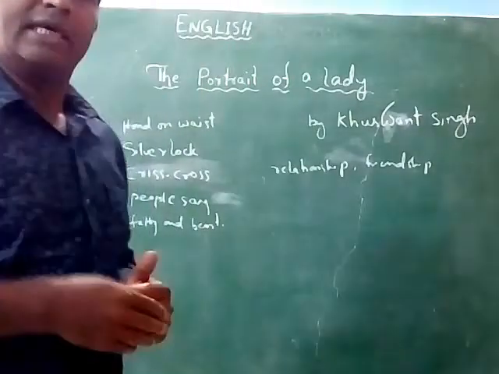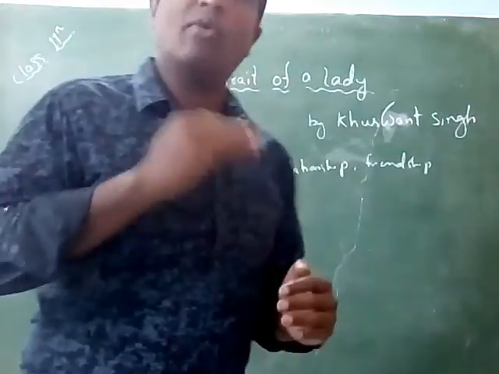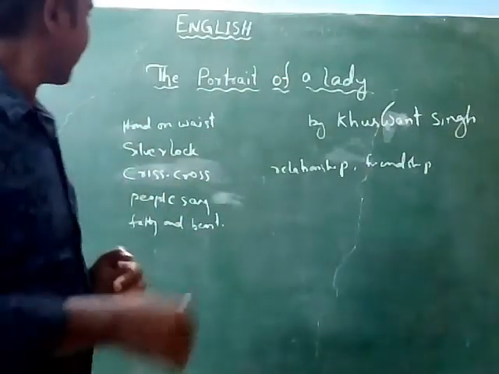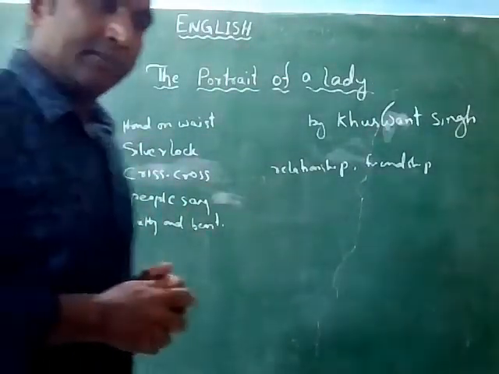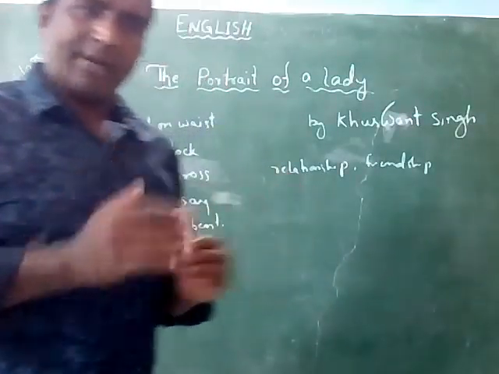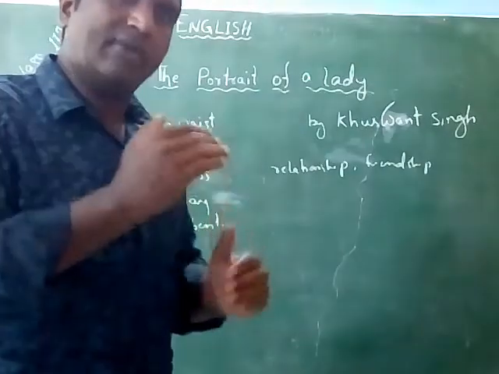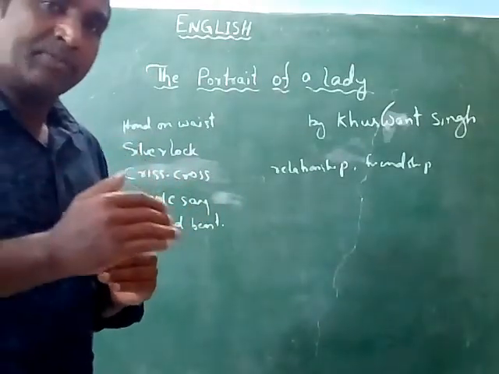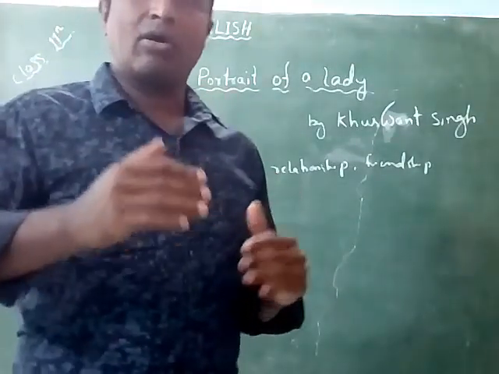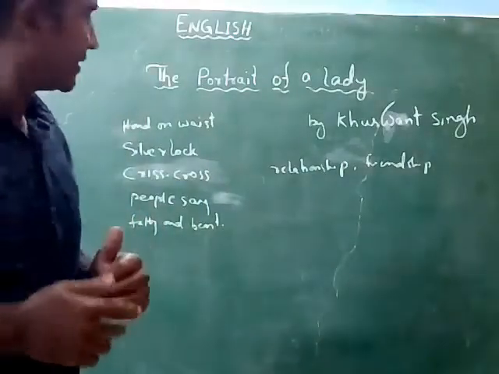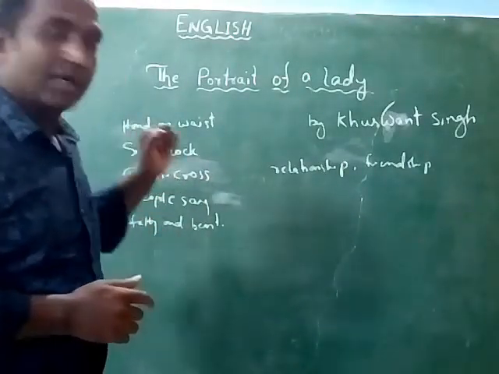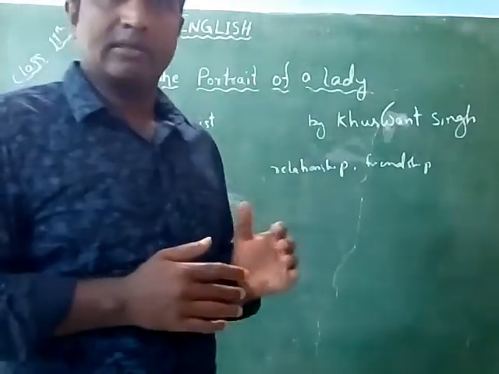One cannot hear. She is just saying it intensely, monotonously, continuously. He is describing that his grandmother has a silver lock scattered untidily on her pale face. Silver lock means white hair.